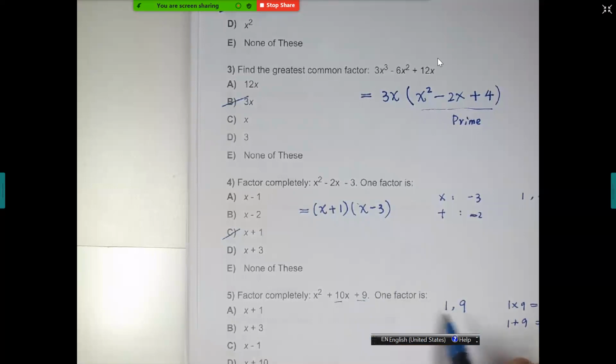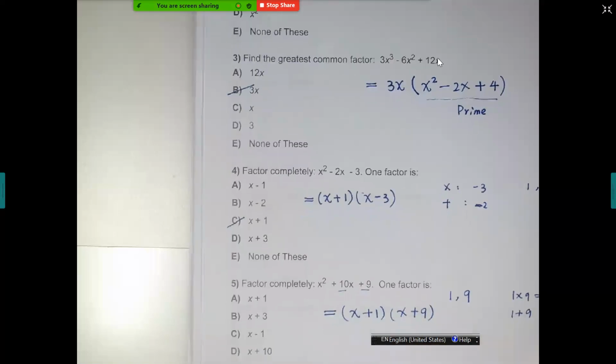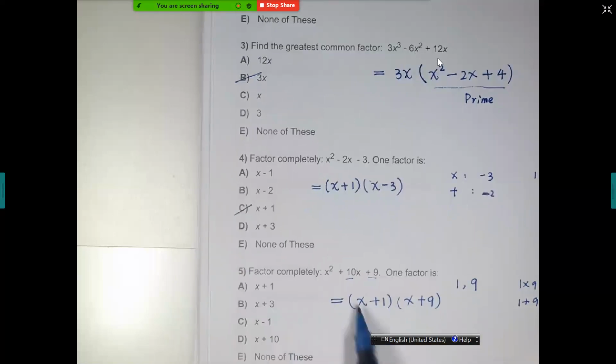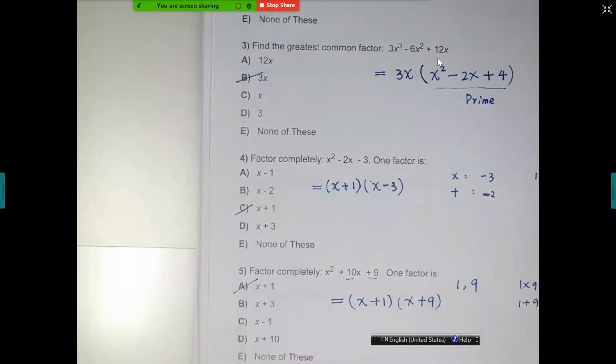Then put the two numbers in the two binomials: x plus 1 and x plus 9. Done. This is the complete factorization. And check the answer here. Does either one show up in A, B, C, D right here? Yeah, I see A, x plus 1. So A is the right answer.